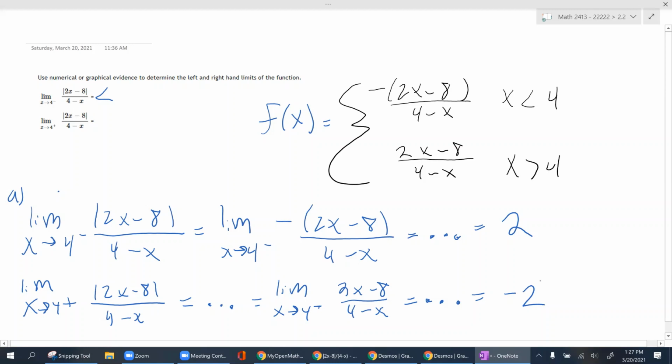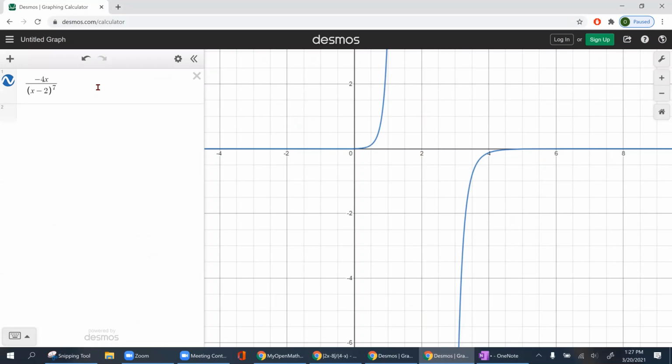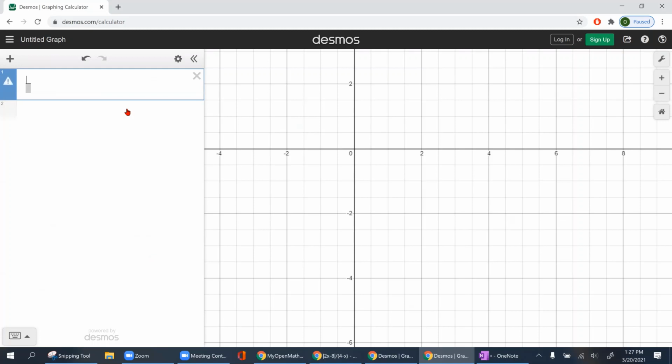Meaning then that the limit as x approaches 4 from both sides does not exist, because these two are not equal. Let's see what that function looks like if I were to graph this: 2x minus 8 divided by 4 minus x.